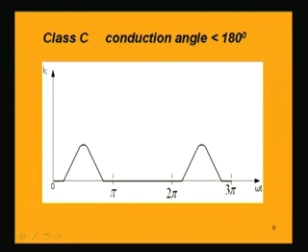It is flowing for an even lesser portion, and that means it is not flowing even for 1/2 of the whole cycle, it is only less than 1/2 cycle that the collector current is flowing. So, it is even worse than your class B type of amplifier.